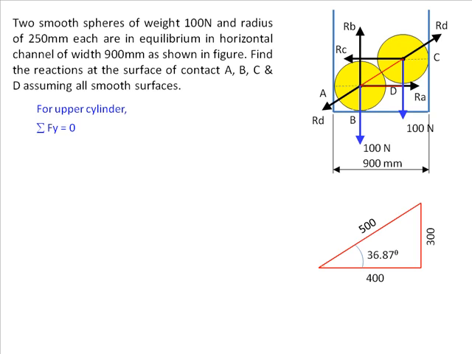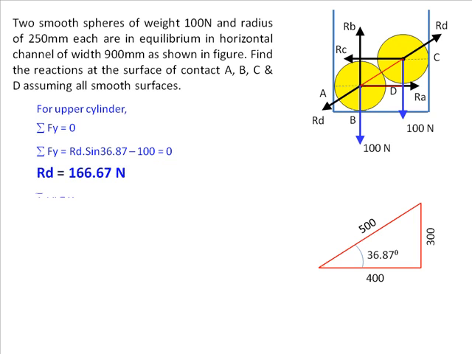Now all you do is write sigma Fx and sigma Fy for each of the cylinders. For the upper cylinder, sigma Fy is equal to Rd sin 36.87 minus 100. So you get Rd. Sigma Fx for the upper cylinder is Rc minus Rd cos 36.87 equal to 0.